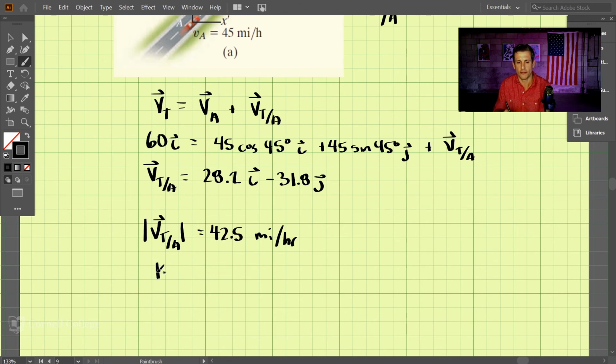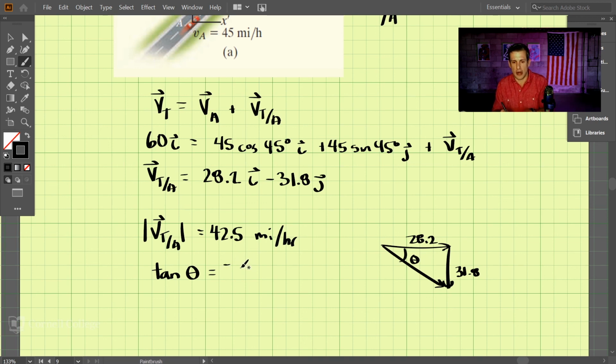And then we can also find the angle of this vector, where the tangent of theta, if we draw this out, we have 28.2 in this direction, and then downward we have 31.8, and this is our theta here.